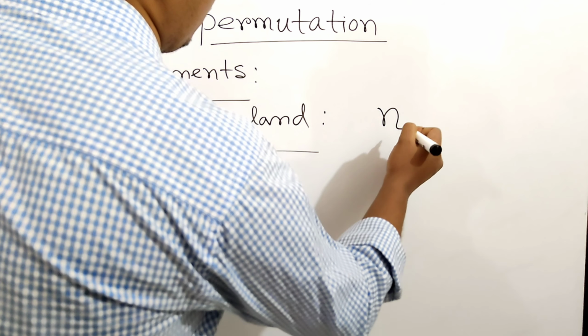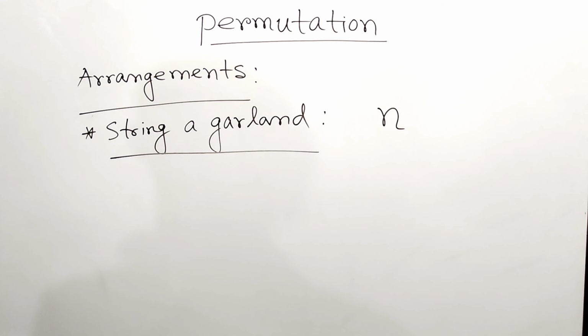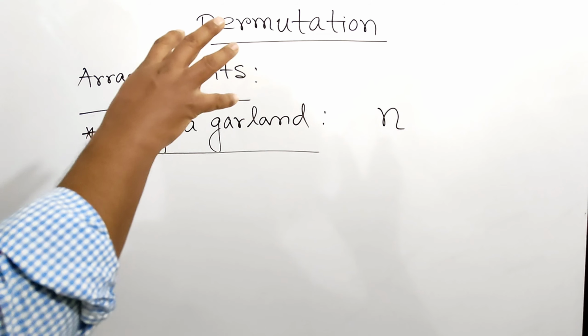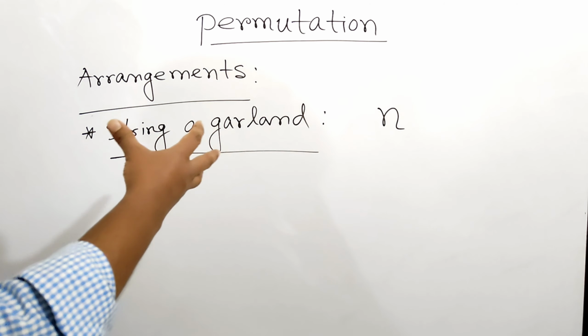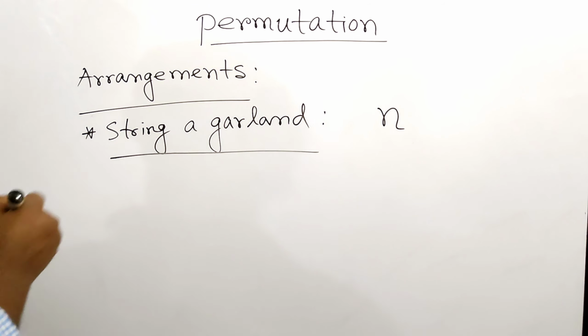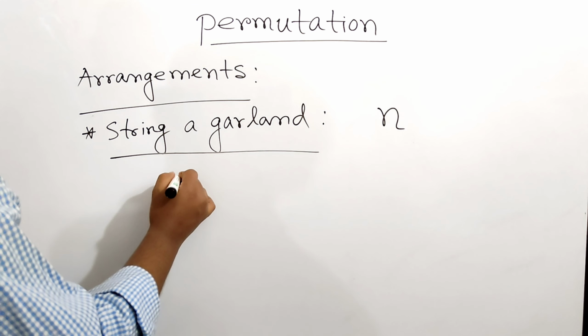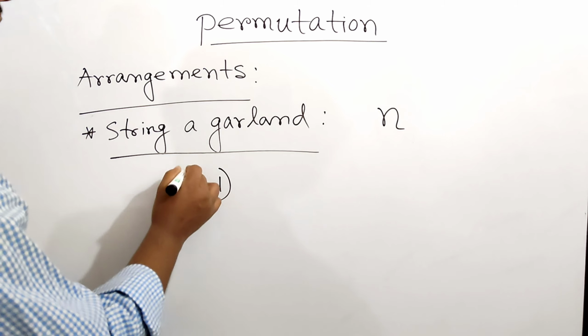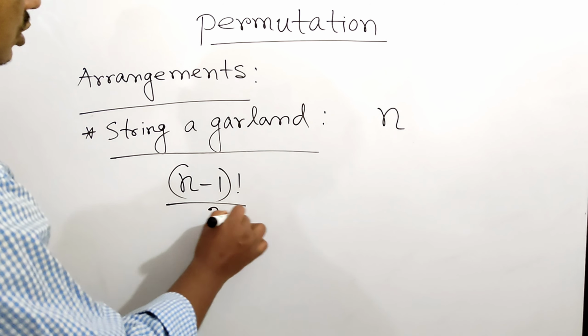There are n flowers, and if the question asks how many ways you can string a garland from these n flowers, just keep in mind the formula (n-1)!/2.